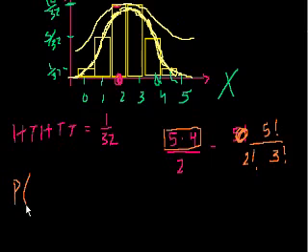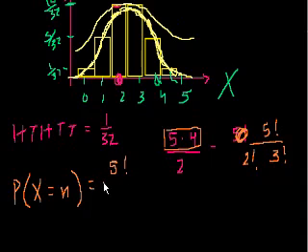The probability that x equaled n, and this is for the x that I defined, the random variable, the number of heads I get in 5 flips of the coin, it was equal to 5 factorial divided by n factorial, right? In this case it was 2. 2 was n, we said was the probability that we get exactly 2 heads, times 5 minus n factorial, right?